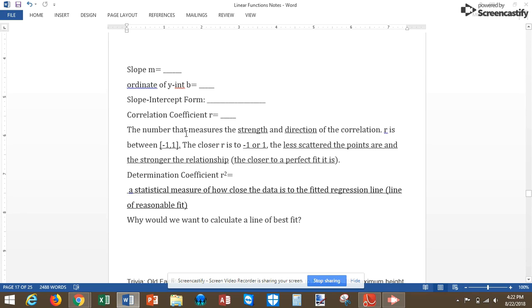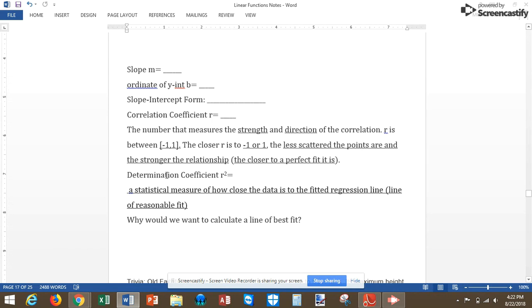So the number that measures the strength and the direction of the correlation is the correlation coefficient R. R is between -1 and 1. The closer R is to -1 or +1, the less scattered the points are and the stronger the relationship, the closer to a perfect fit it is.